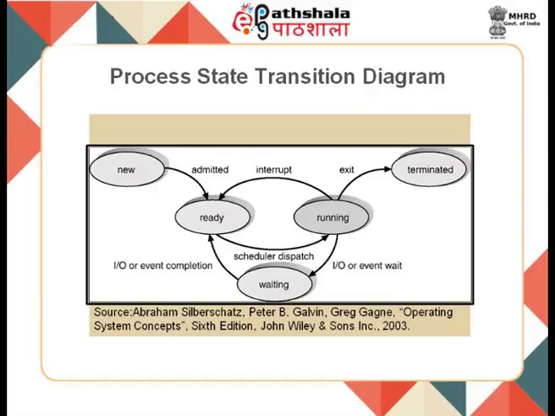You have a new process, ready state, and it can be moved to the running state and it can wait for some I/O or event and then go back to the ready state again once the I/O event gets over. And similarly, when it is in the running state, if the time slice gets over, there can be an interrupt, it can go back to the ready state, or while in running state after it finishes, it can exit and go to the terminated state.